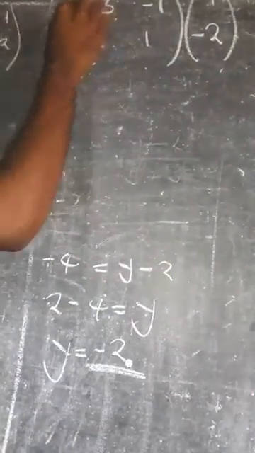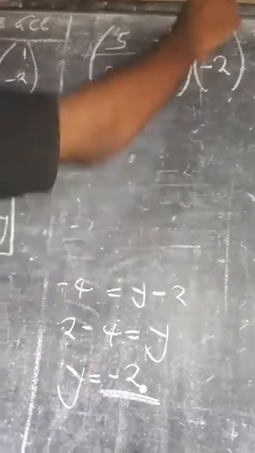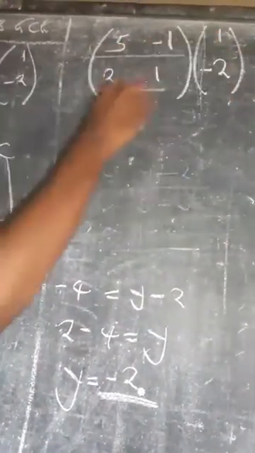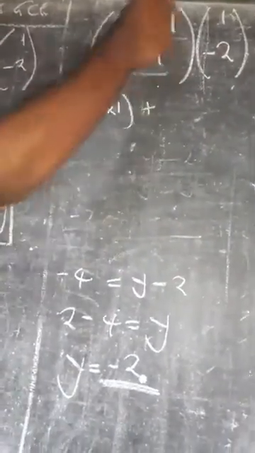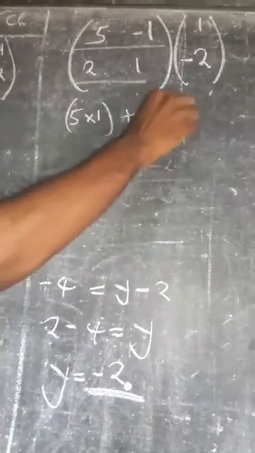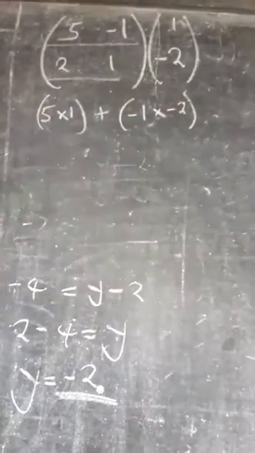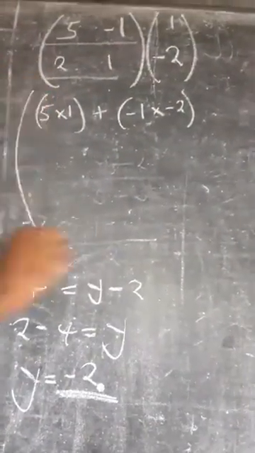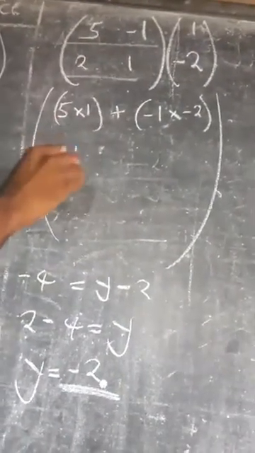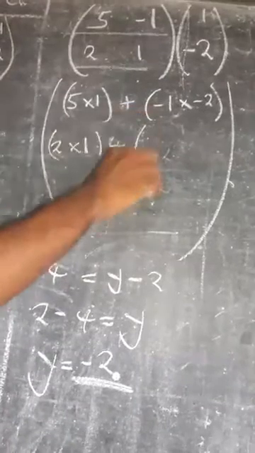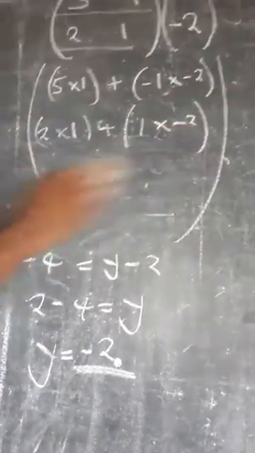So it's 5 by 1 plus negative 2 by negative 1. That's the first one. Then it's 2 by 1 plus 1 by negative 2.